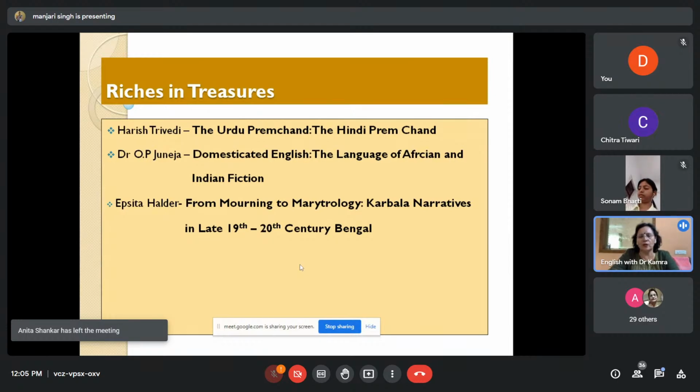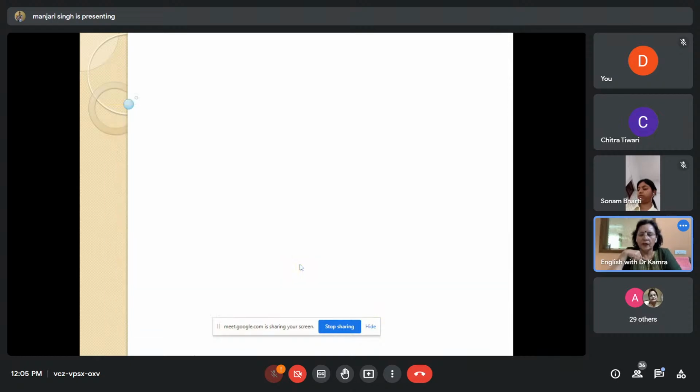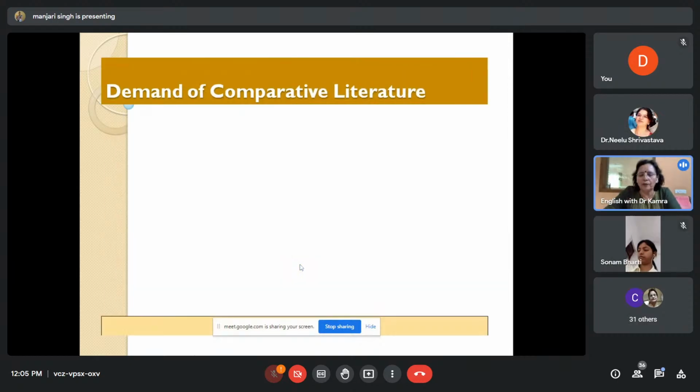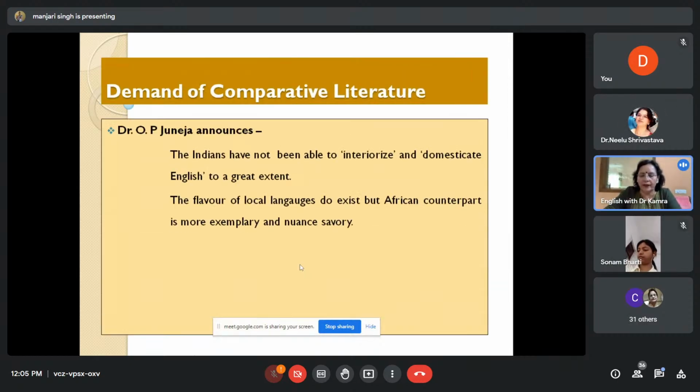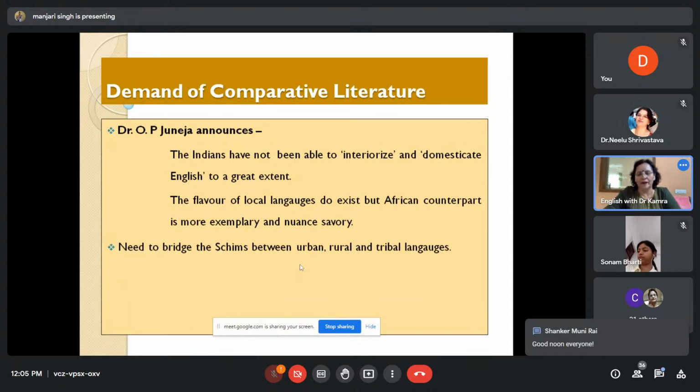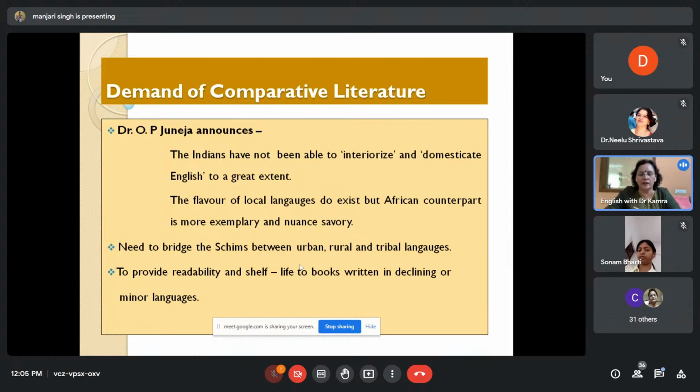Dr. O.P. Juneja announces that Indians have not been able to interiorize and domesticate English to a great extent. In the previous slide, you saw that he has written an essay where he talks about domesticated English in connection with Indian and African languages.